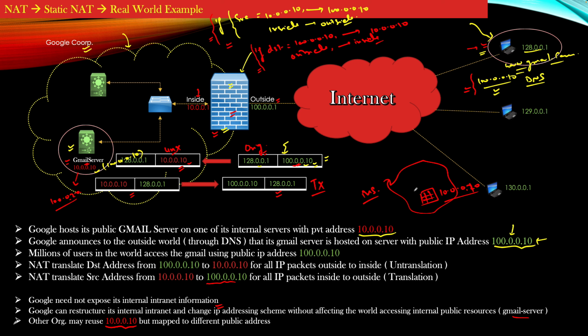The only difference is that Microsoft has to map this private address to some unique public address, which should not conflict with any of Google's public addresses or any public address in the world. So let's say 100.0.0.11. Right? So for Microsoft, its web server has a private address 10.0.0.10, but mapped to a public IP address which is 100.0.0.11. So you can see that private addresses are very much reusable. They do not have any scope or visibility outside the intranet.